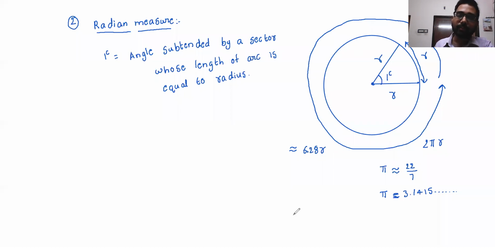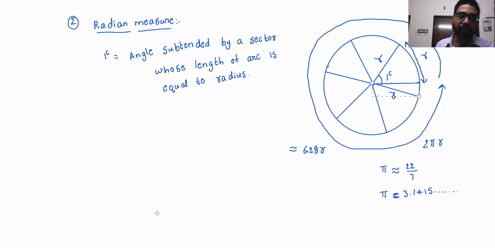Suppose I make the same sectors: the second sector will be here, this would be third, fourth, fifth, and this would be sixth. All these are 6, and this remaining small portion is 0.28, so that is 0.28 radians.